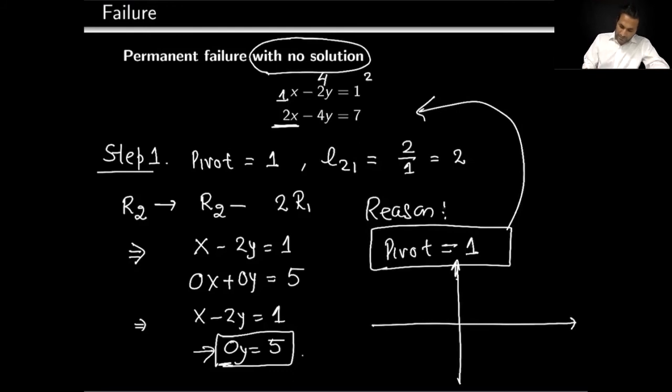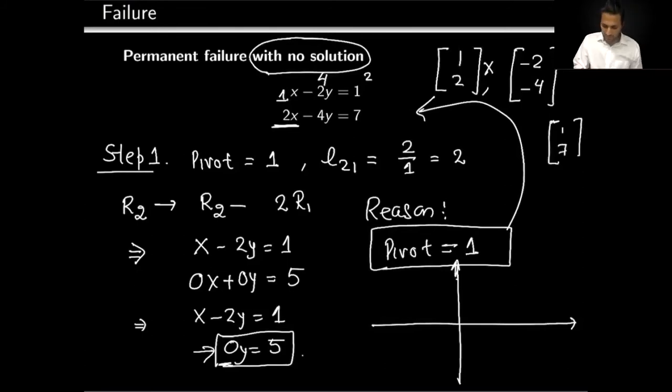The first column of this system is 1 and 2, which is related to x, the second column is basically -2, -4, and the right-hand side column is 1 and 7. So we're going to plot these vectors.